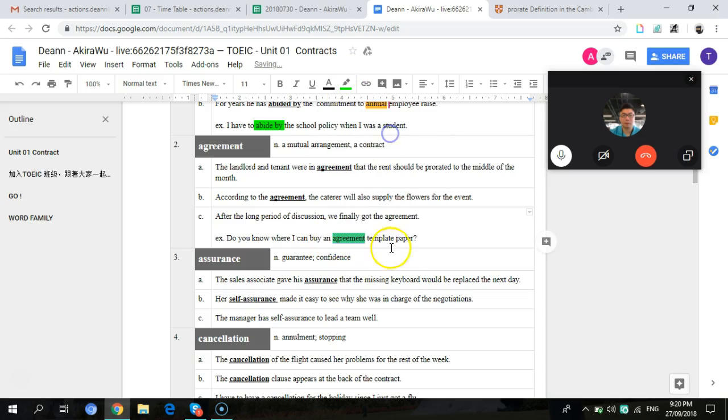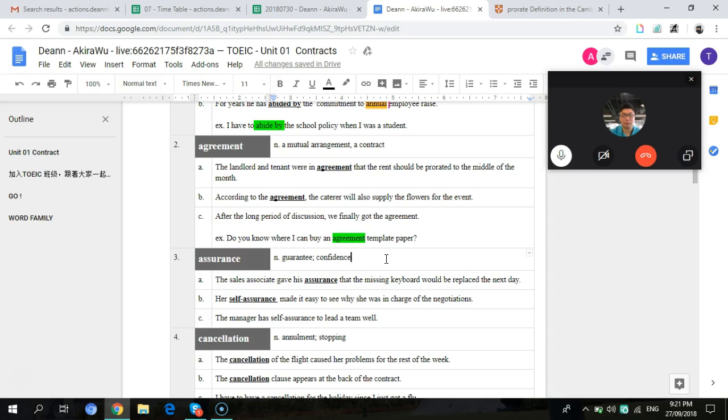Now how about number 3? Can you read what assurance is? The sales associate gave his assurance that a missing keyboard would be replaced the next day. How about letter B and C?